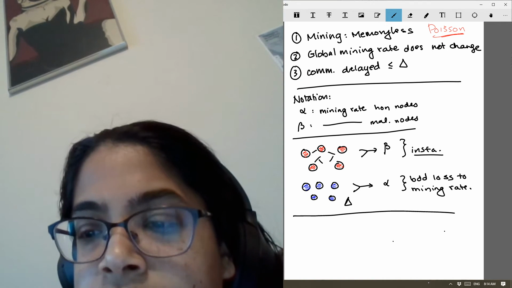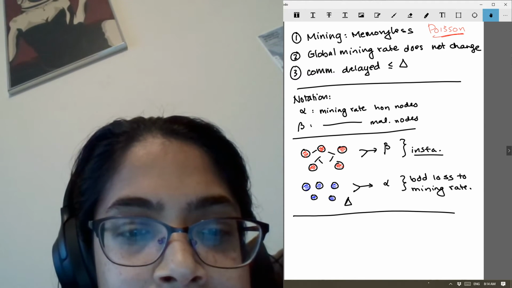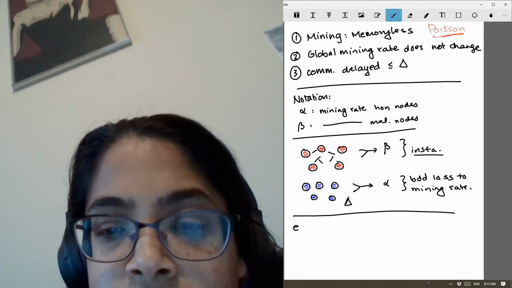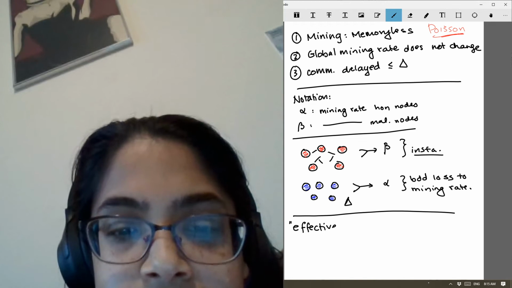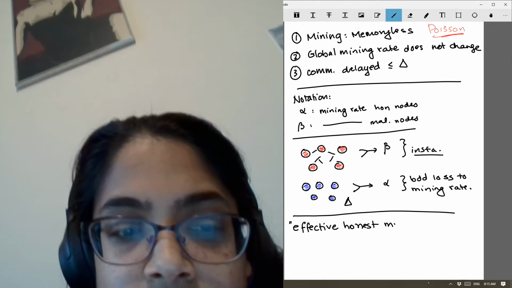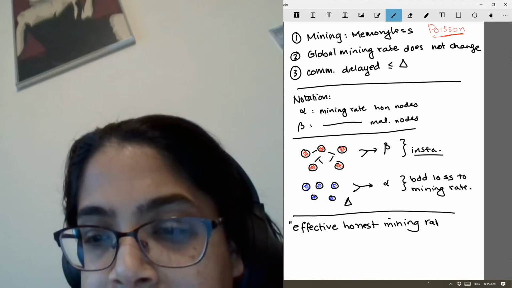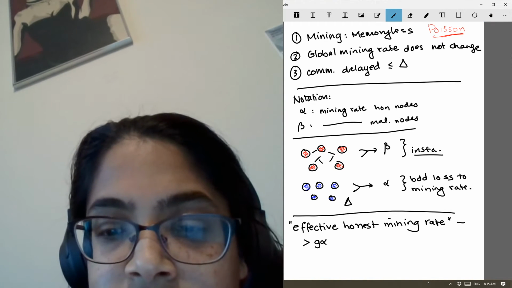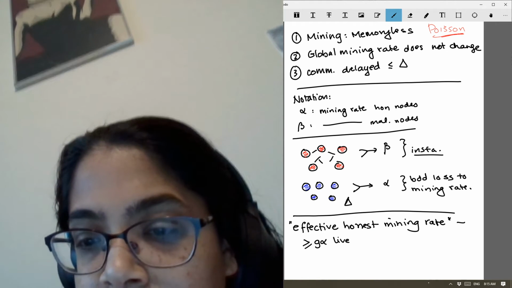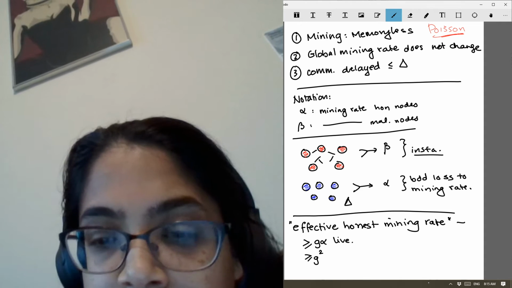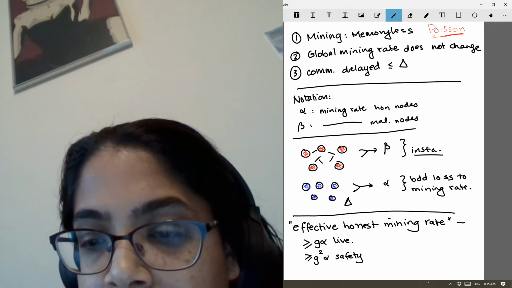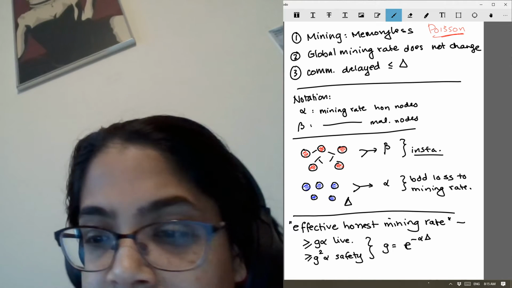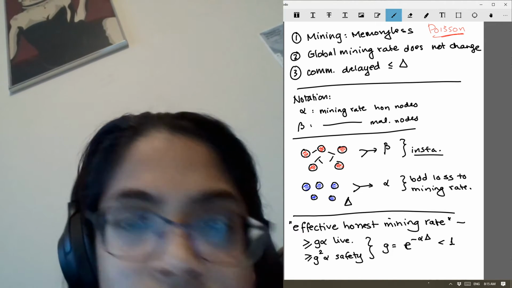So then we need to be able to make some sort of claim about what kind of loss you can have in the honest mining rate, and so then you have to talk about the effective honest mining rate, which should be at least g times alpha for liveness, and g squared alpha for safety, where g is this value e to the negative alpha delta, and that should be less than 1.